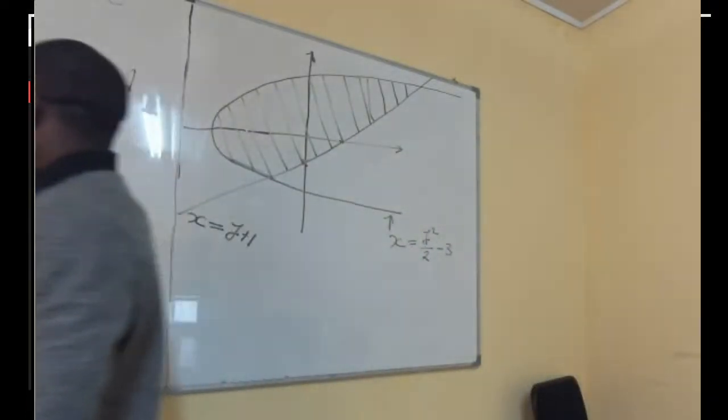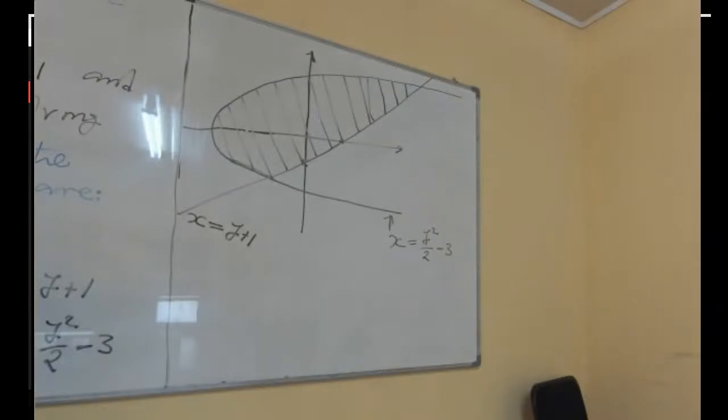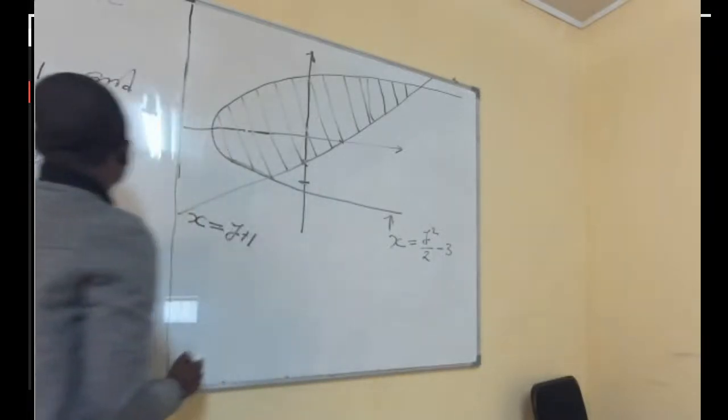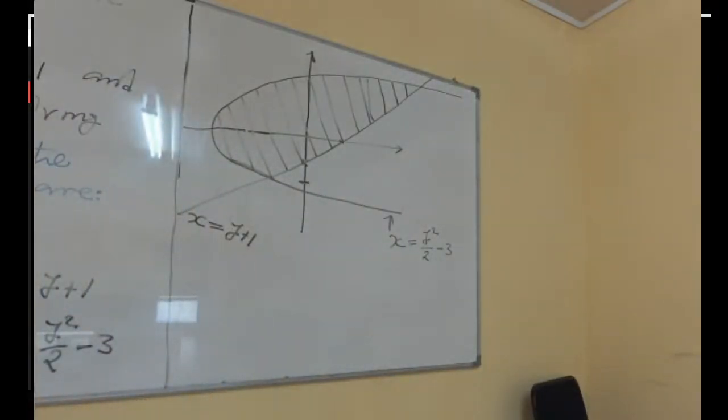Now, when we solved these two equations simultaneously, we had found negative 1 comma, the point where they meet. I think this one was supposed to be negative 2. Sorry for that, because if we put negative 1 here it gives us negative 2.